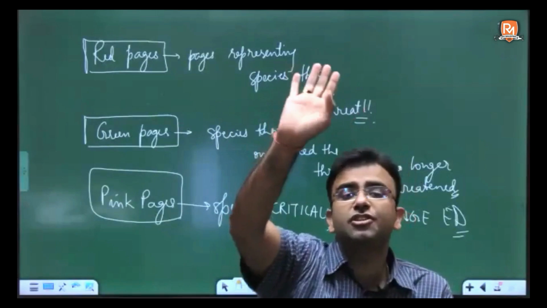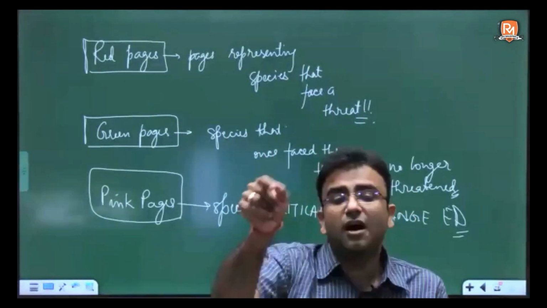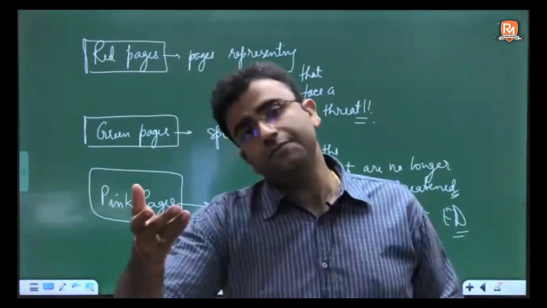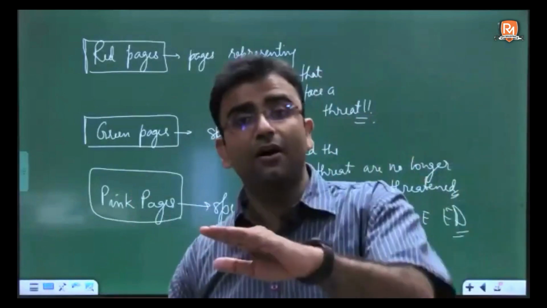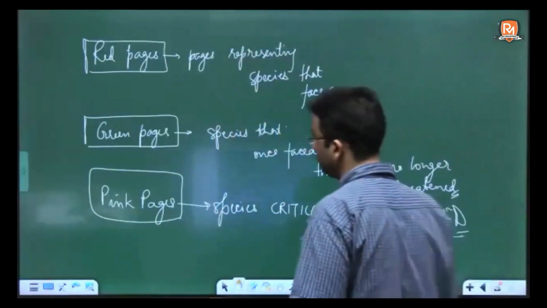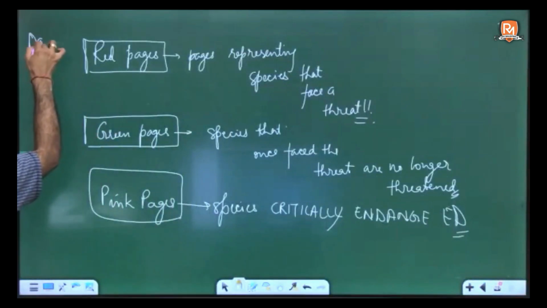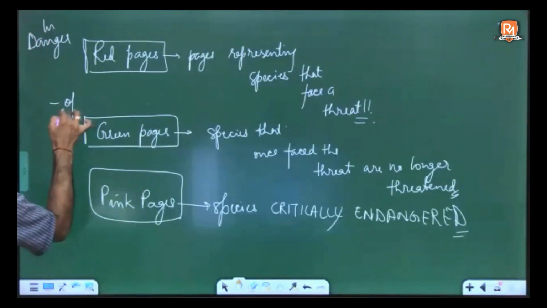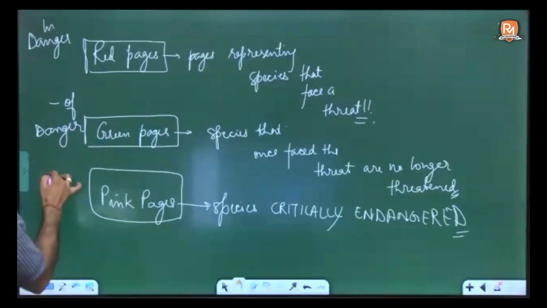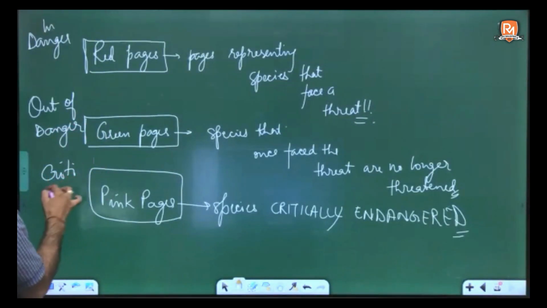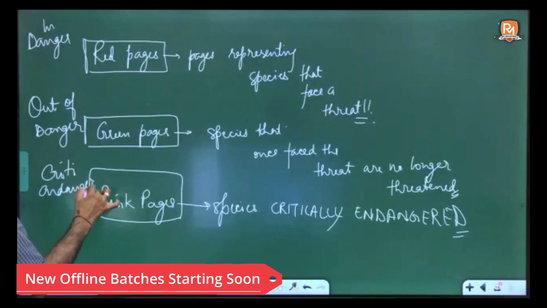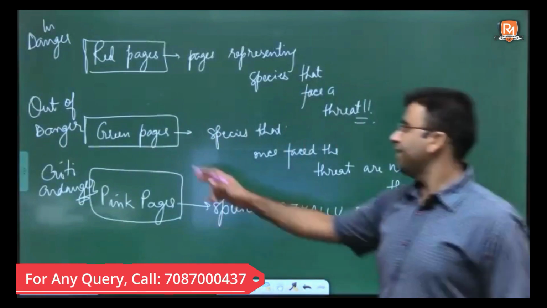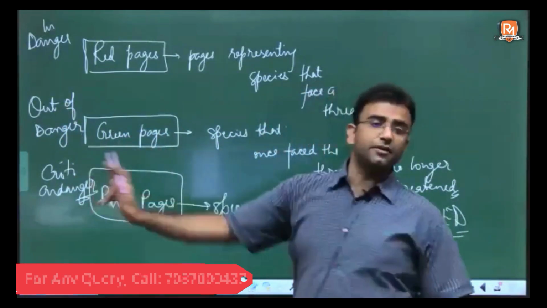And the pink pages are for the species which are critically endangered. So the green are out of danger, red are in danger, and pink are critically endangered. All right, so red endangered, green out of danger, and pink critically endangered.